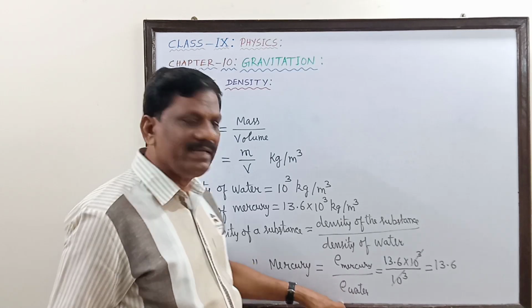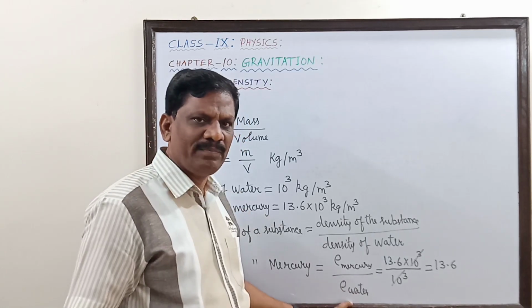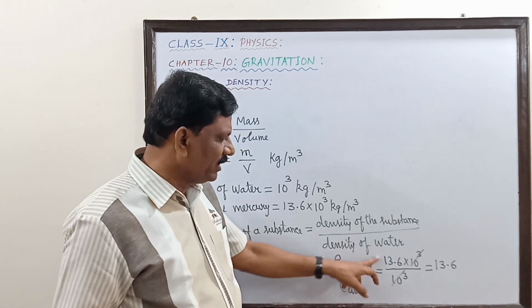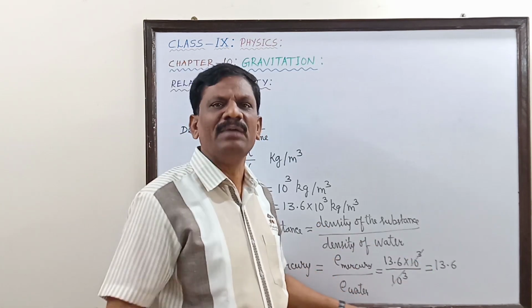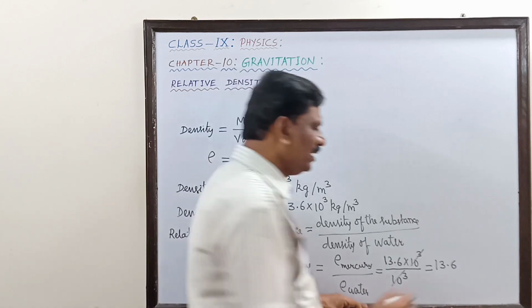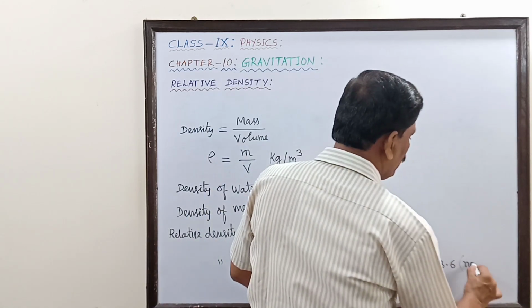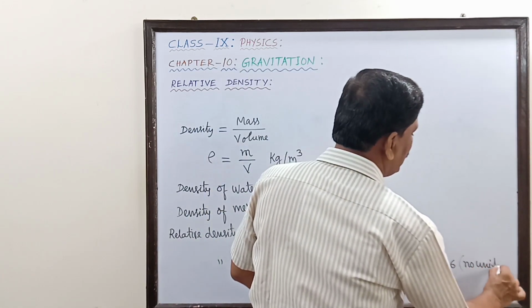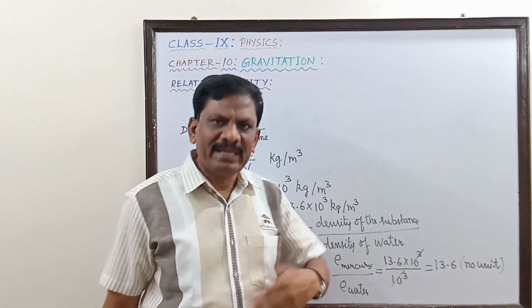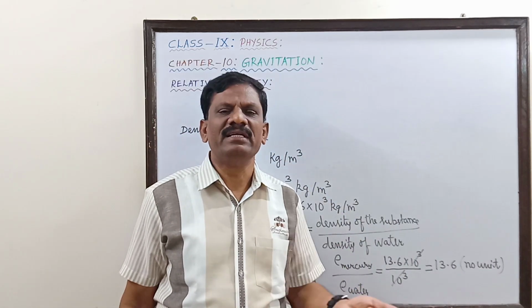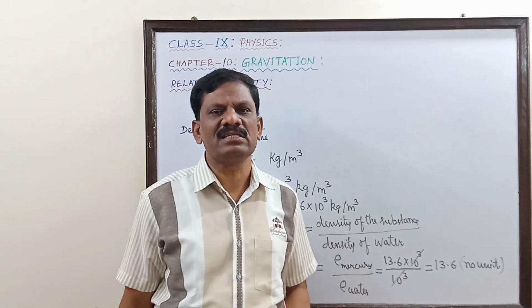Density of water in the denominator also has a unit of kilogram per meter cube. So that unit gets cancelled and relative density is merely a number, that's all. It does not have any unit. So there is no unit for relative density because it is a comparative value of the densities of two different substances.